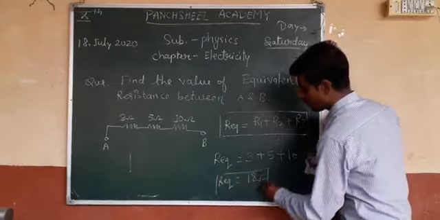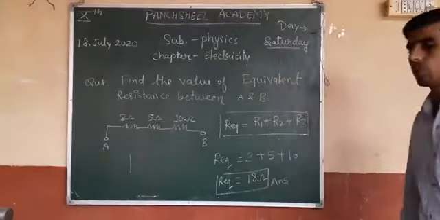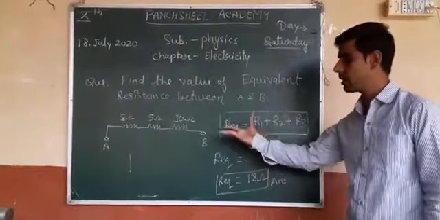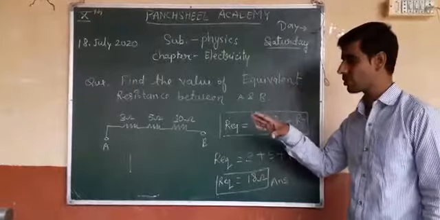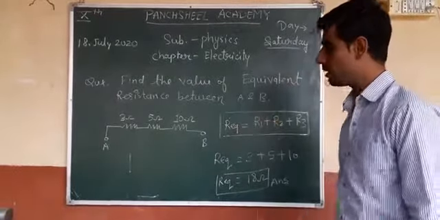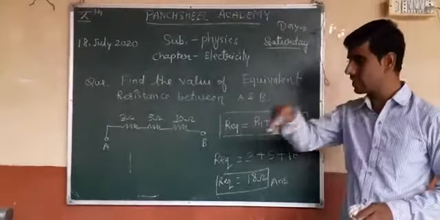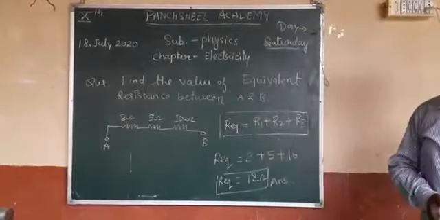So what is your answer? 18 ohm. Directly you can get the answer easily by adding all these three resistances. This is a very simple question. This kind of question is never asked in your exam because it's very simple. So write down this numerical.